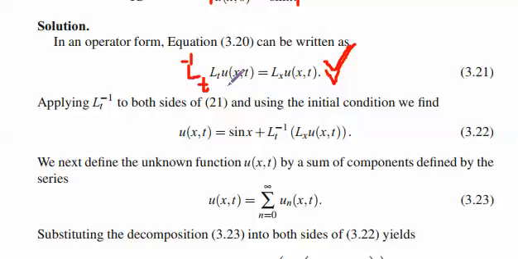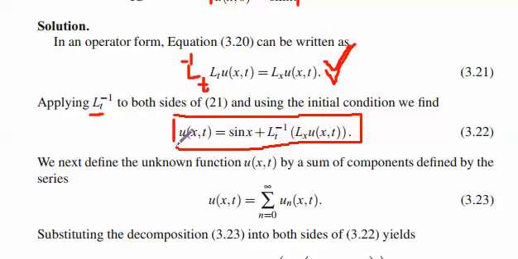Because we are choosing the operator L_t, the inverse operator must be in this form as well. So once we apply this inverse operator on both sides of the above equation, then this equation reduces to exactly this form, and this is the zeroth order solution for the domain decomposition method.